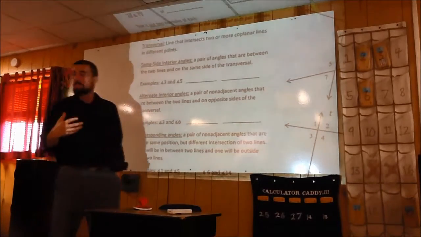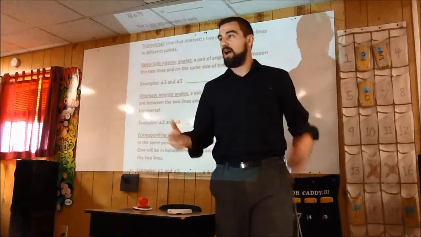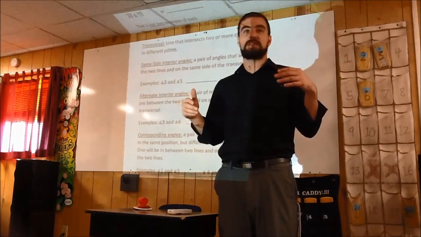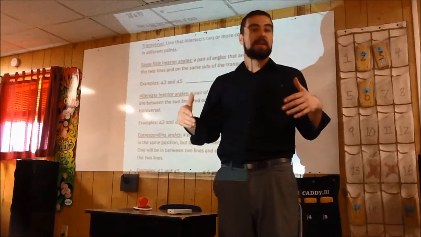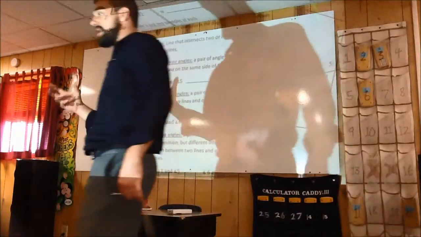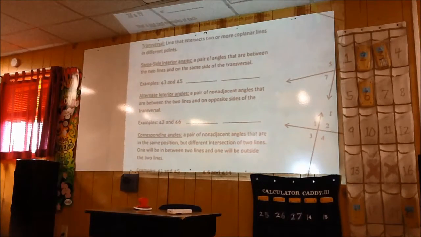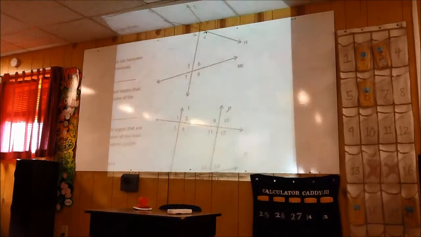So the name, the classification of these angles pretty much explains it to us. They're alternate on different sides of the transversal, and they're in the interior of it. So I gave you an example of angle 3 and angle 6, referring back to the diagram that we colored. Please give me the other example of alternate interior angles from that diagram.